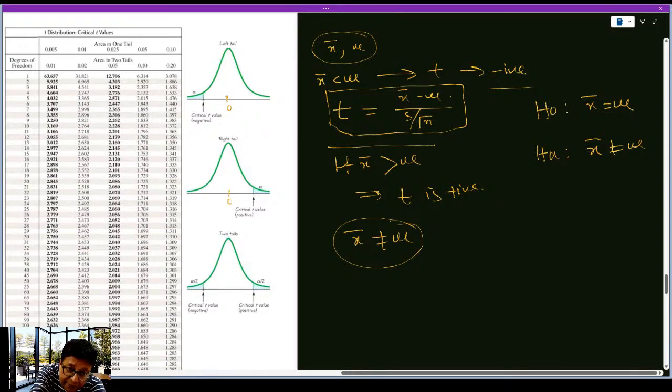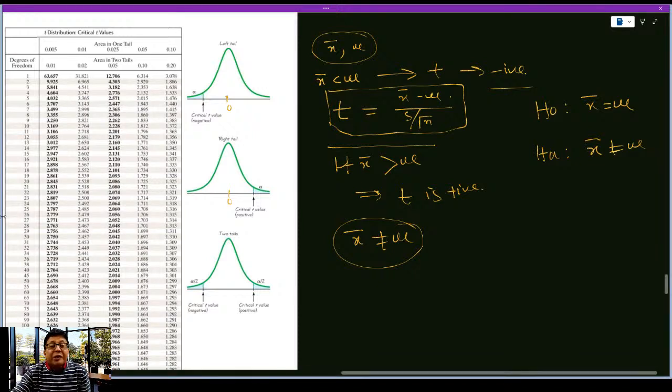This distribution table and this curve will tell you whether this can be accepted or not. And remember, for every huge order given by the company, this test is essential. It's a part of statistical quality control.